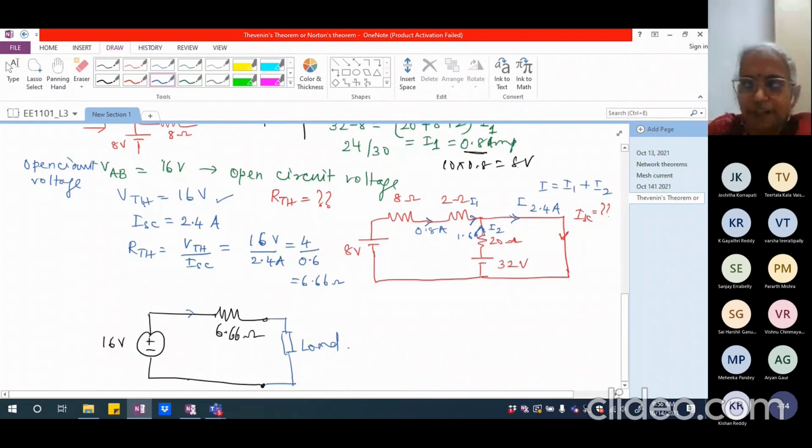This is extremely important from the power grid point of view, because if you look at it, a generating station may have so much voltage generated, so much power generated, and it goes to various load centers, maybe to your residential complex, to another commercial complex, to another industrial complex.